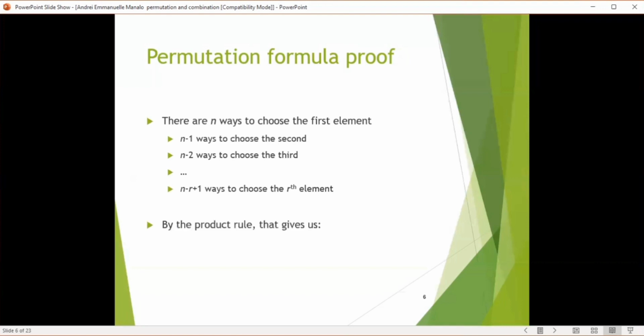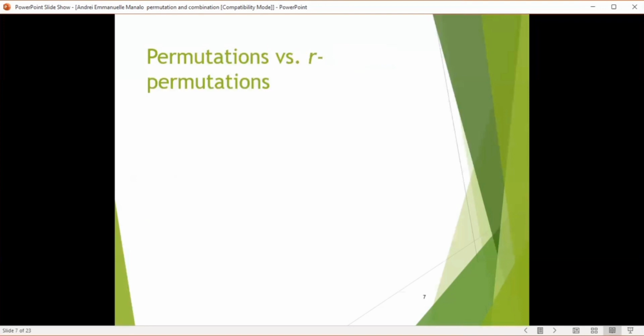By the product rule, that gives us P(n, r) equals n times n minus 1 times n minus 2, and so on, times n minus r plus 1.